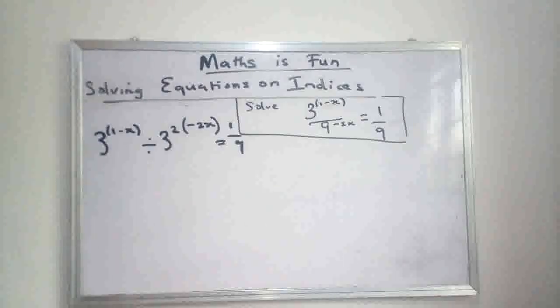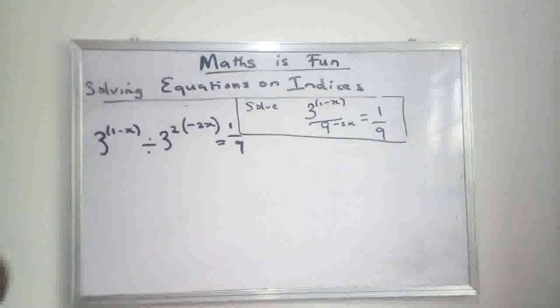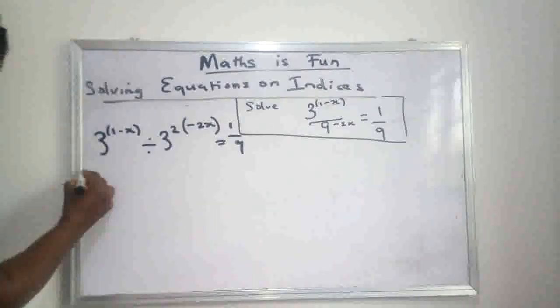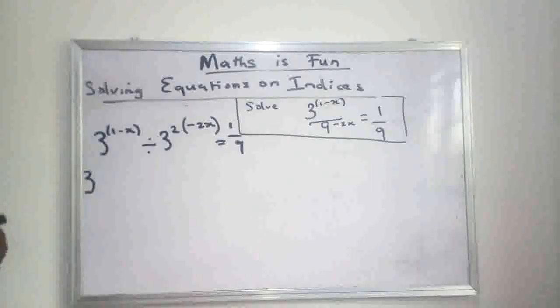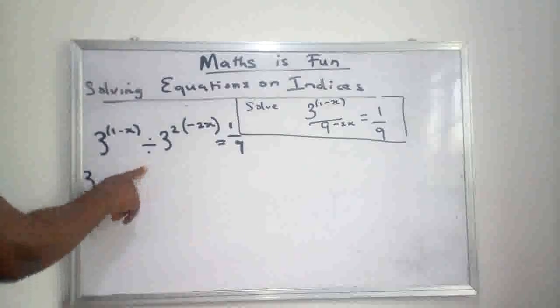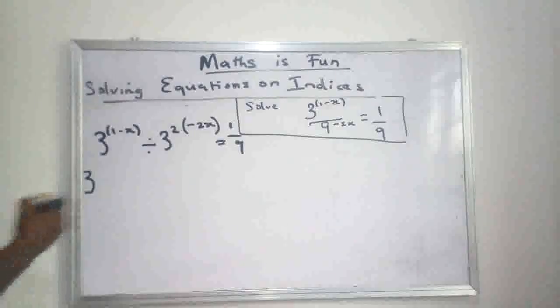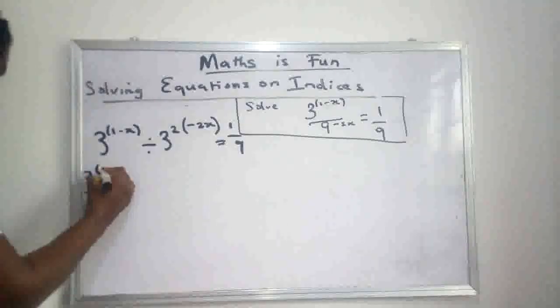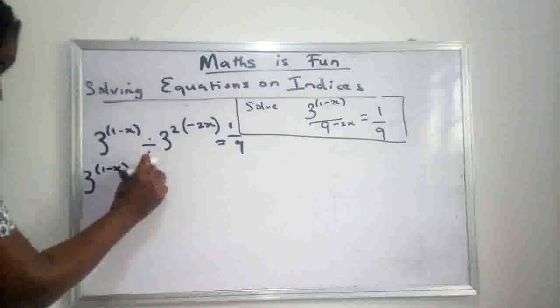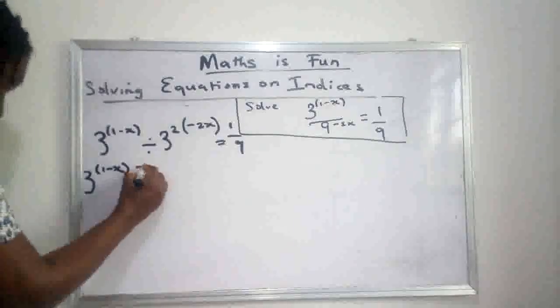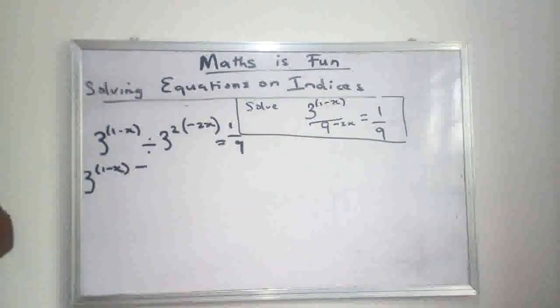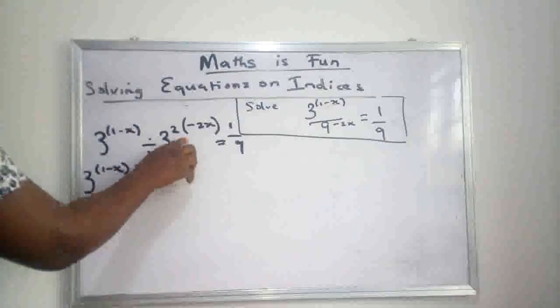The second rule of indices I gave you in the previous video can apply now. So we pick one of the bases, which is 3, and then since there is a division sign, we just subtract the powers. So we pick this, we have 1 minus x, then this division sign means minus. But take note, please, let's break this down first.